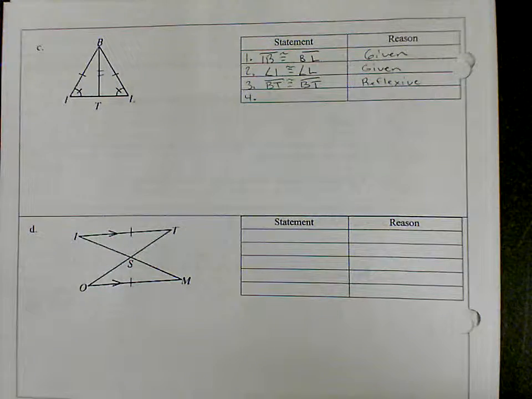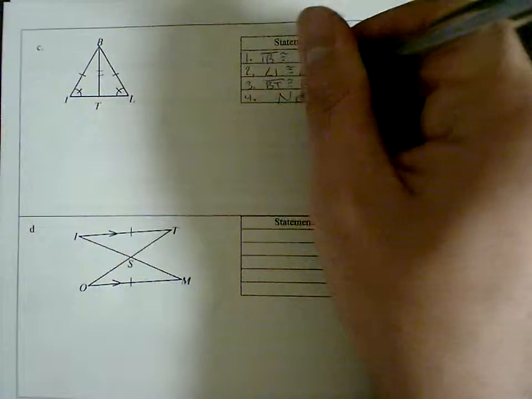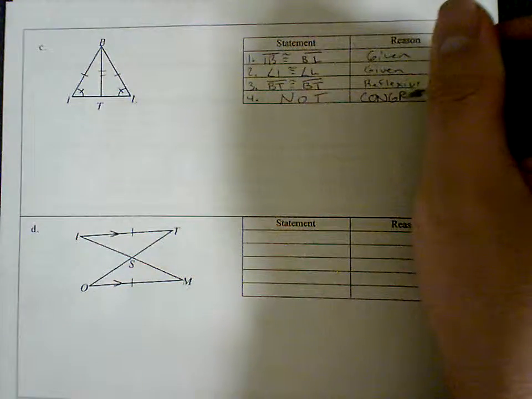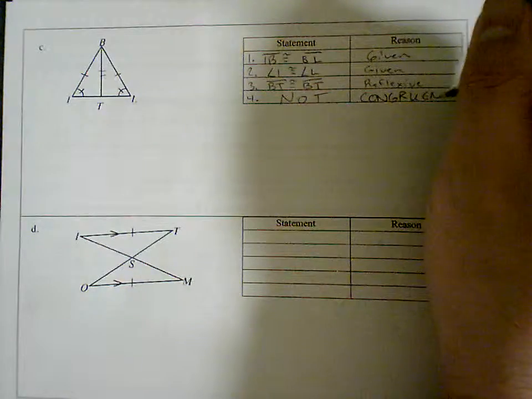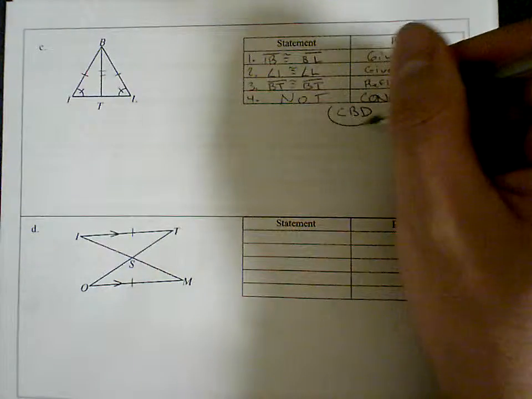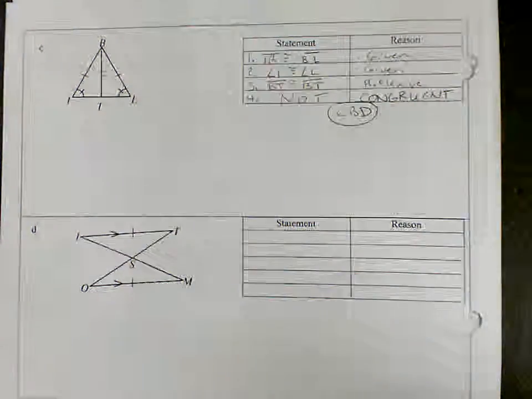And the answer to that is no. And so unfortunately, there's nowhere else we can go. So we're just going to say this is not congruent. At least CBD cannot be determined from the information we have.